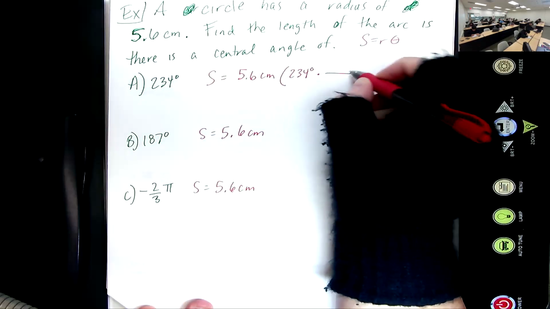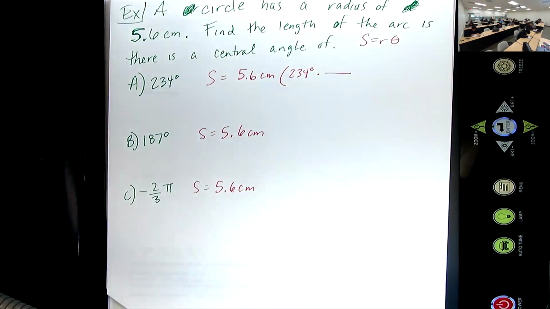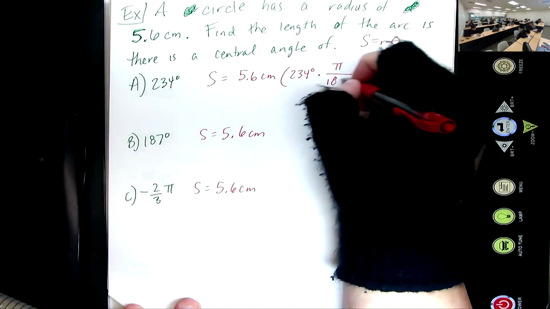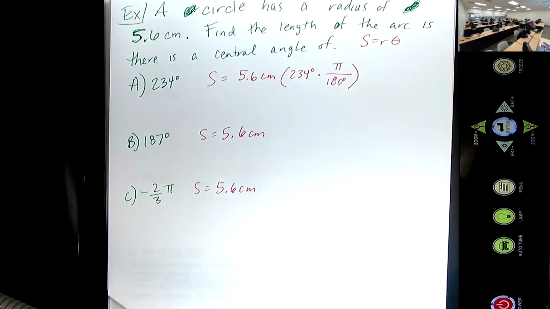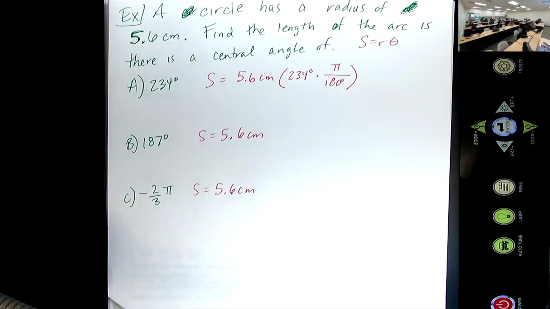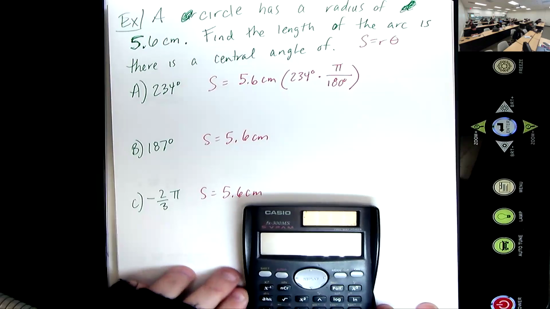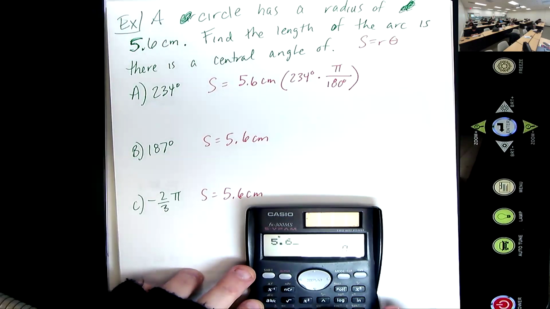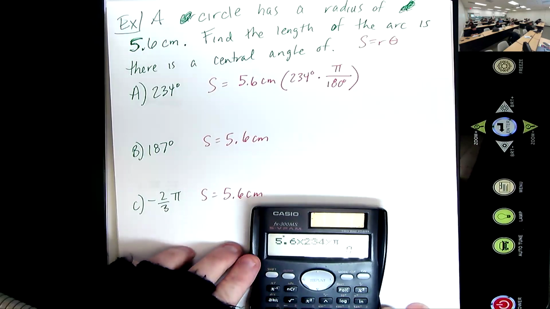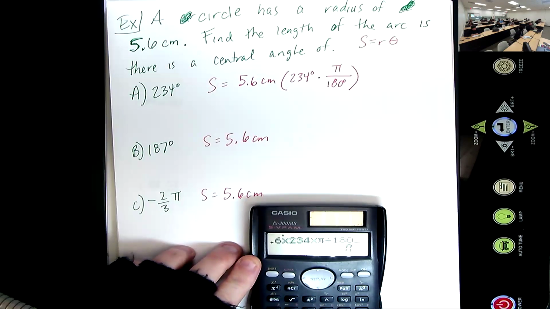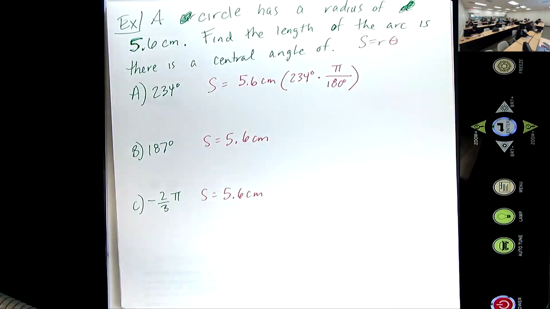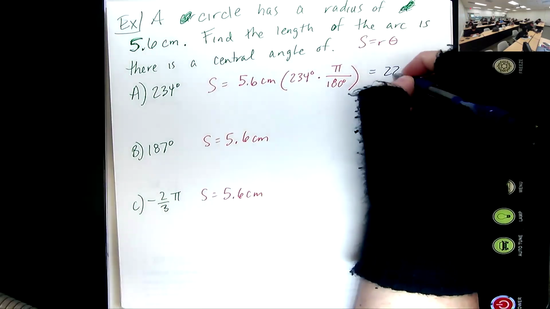And we're going to have to send it through the conversion mill of pi over 180. 5.6 times 234 times pi divided by 180. And I'm going to do 2 decimal places, just because I want to.